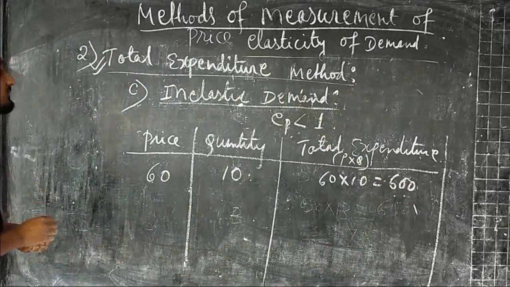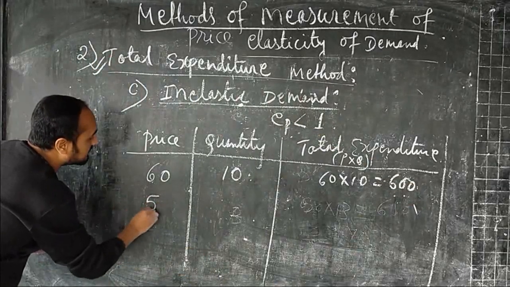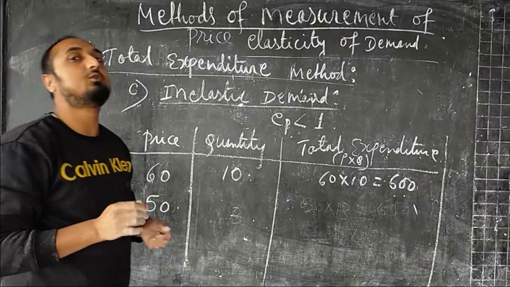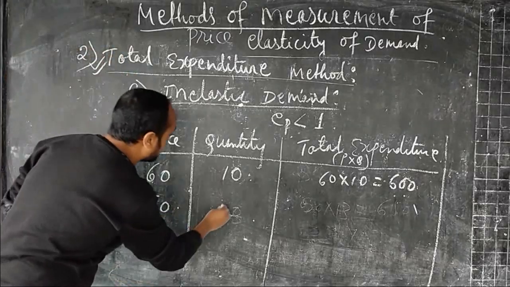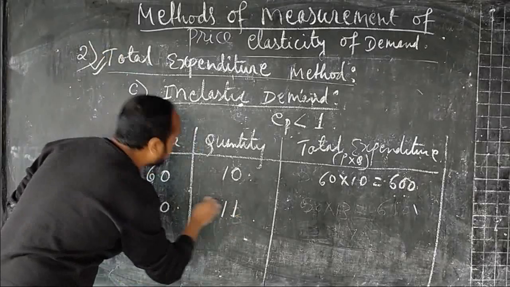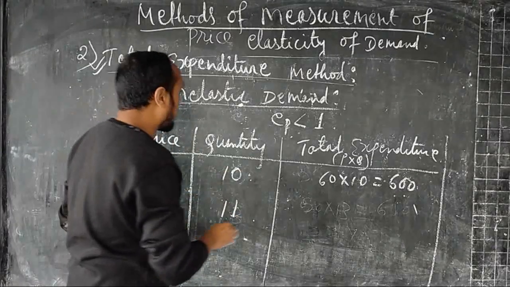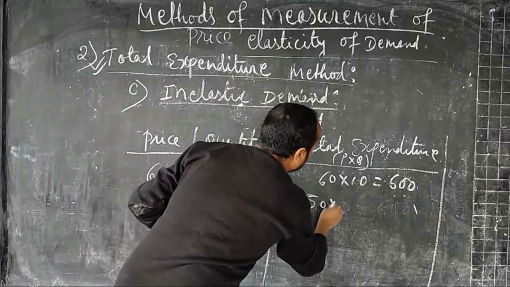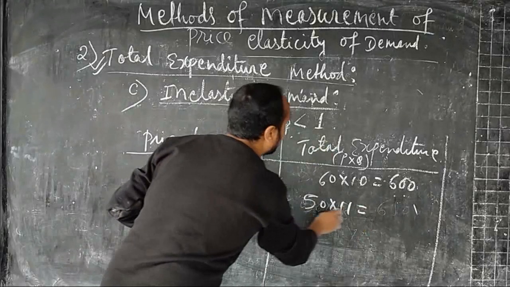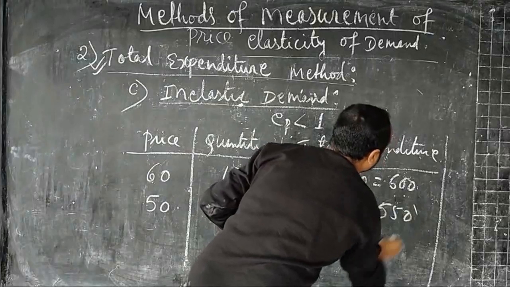Next, if the price falls from 60 to, suppose, 50 rupees, and due to that, quantity demanded increases from 10 to 11 units, then if you calculate the total expenditure, we will get 50 into 11 equals 550.